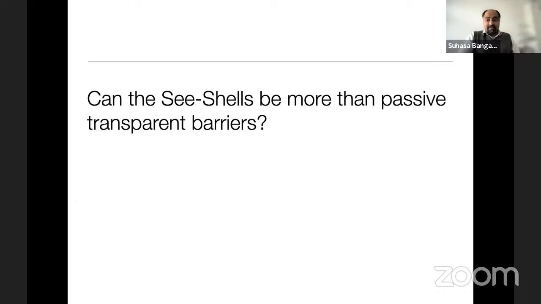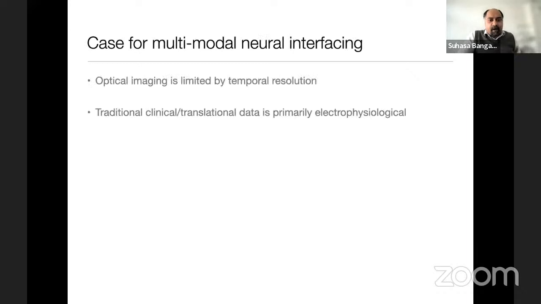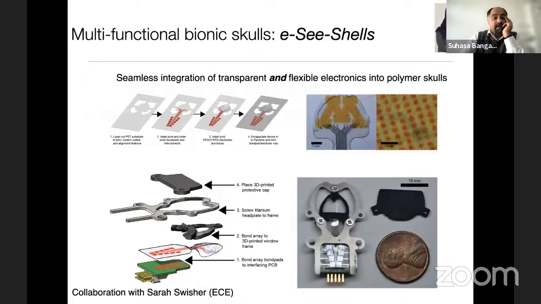So can the seashells be more than passive transparent barriers, right? Optical imaging is great, but it's limited by temporal resolution. And if we look at some of the traditional clinical and translational data we have, it's primarily electrophysiological, right? Are there ways in which we can combine these two modalities?